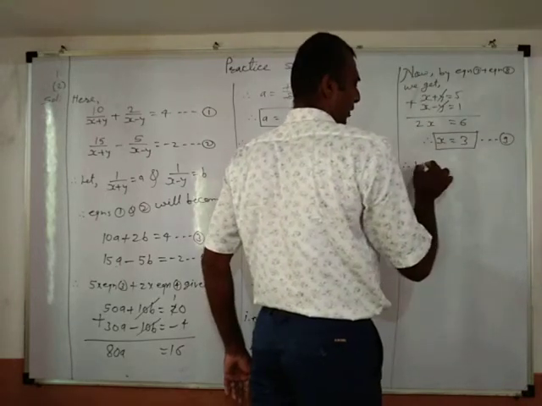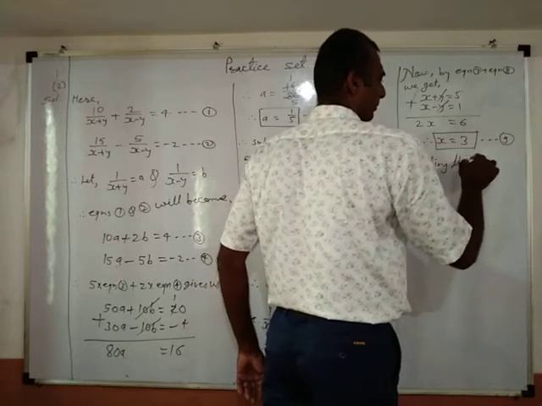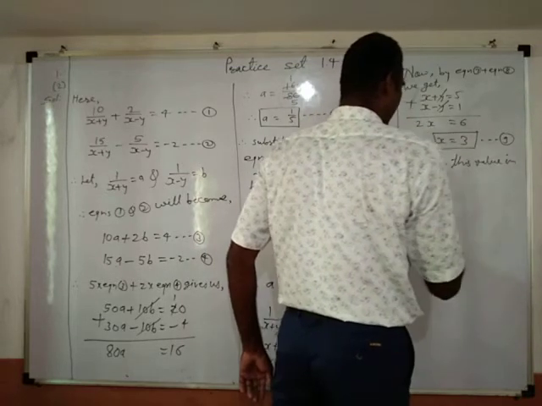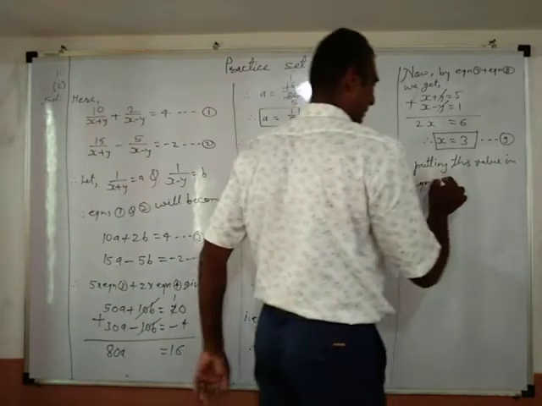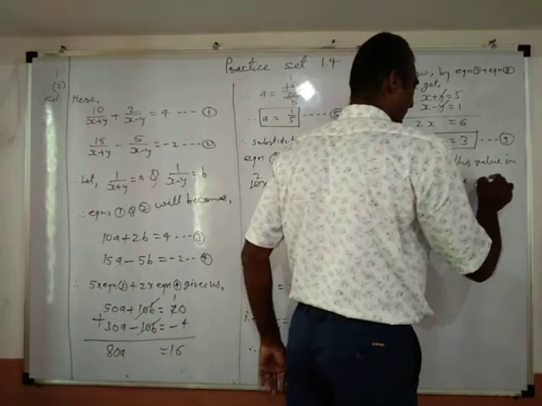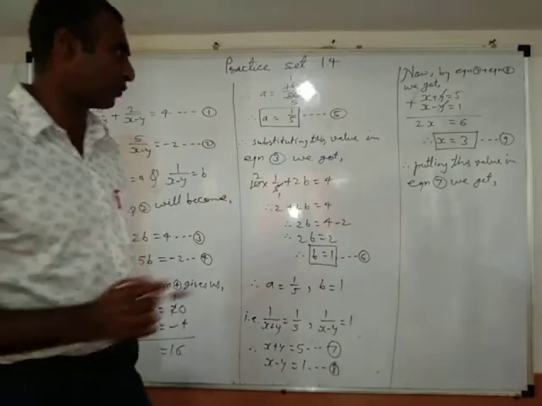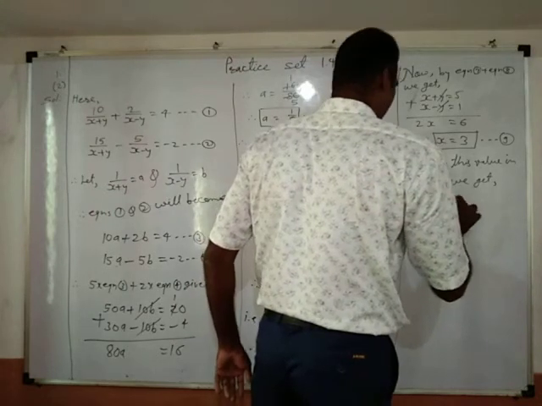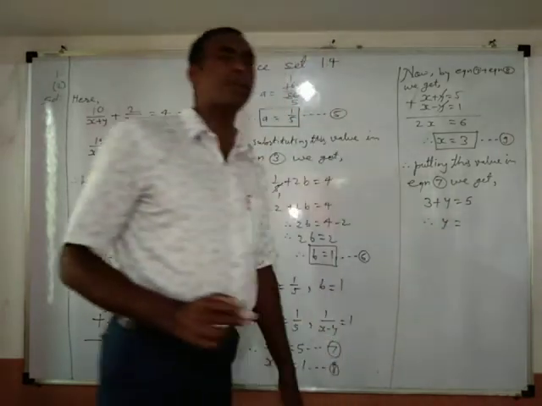And therefore, substituting this value in equation 7 we get, let's see what we get. Equation 7 is x plus y equals 5. That's why we may write 3 plus y equals 5. And therefore y equals 5 minus 3.